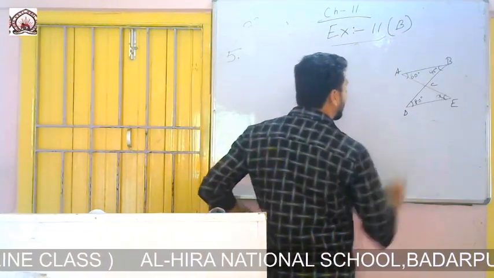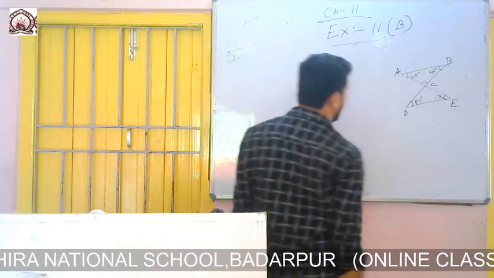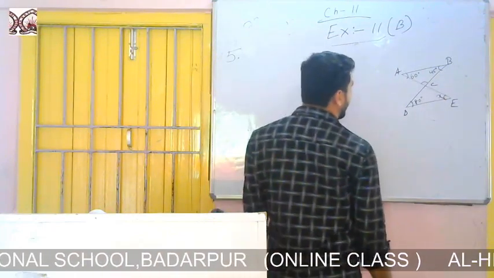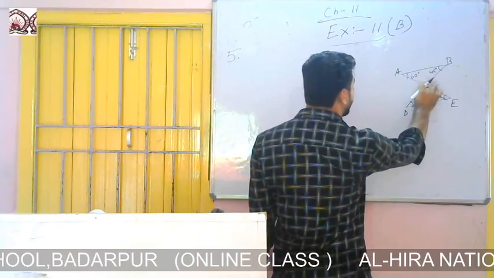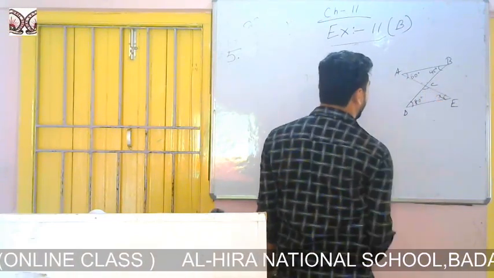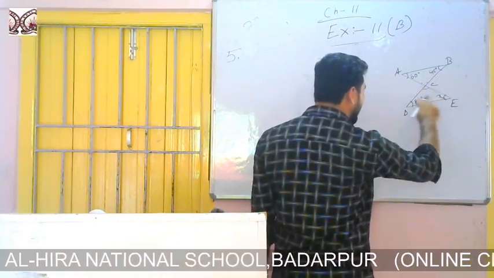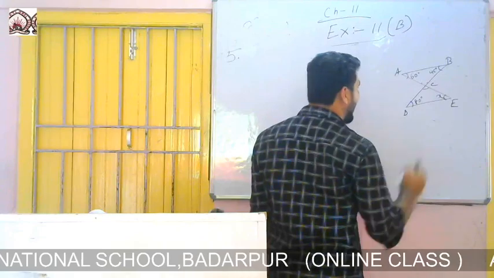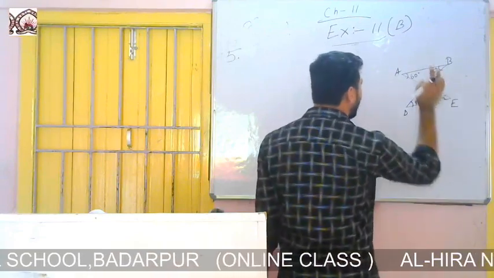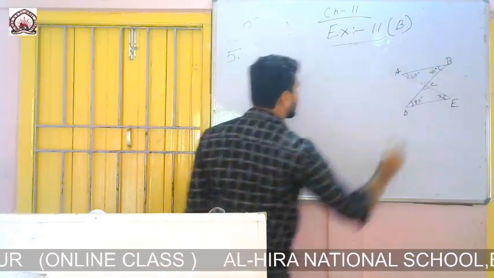To find angle x, we have to find this angle, because if you don't find this angle, then we cannot find this angle. Okay. And after finding this angle, if we add the three angles, then we will get what? 180 degree, and from that we can find what? X. So right, first you consider angle ABC.